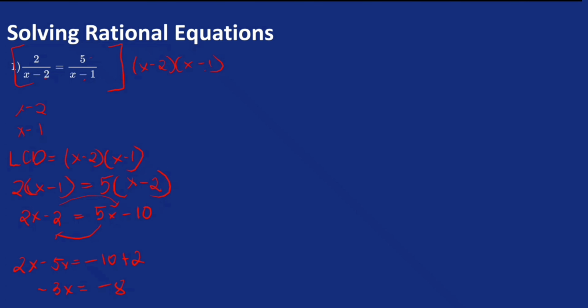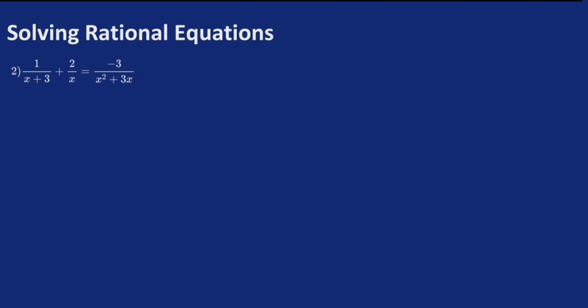And since you still have a coefficient of negative 3 for x, we can divide both sides of the equation by negative 3. So that this will be cancelled and you'll have the solution as x equal to negative 8 divided by negative 3, which will give us positive 8 over 3. So this is our answer for number 1.